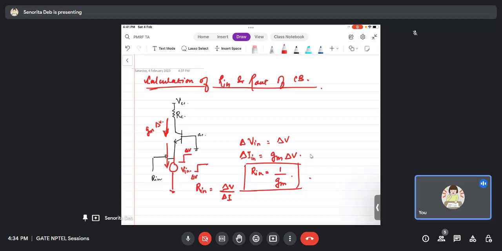So please have a look at it. I am giving you 1 minute. Have a look at it, and then we will also solve it through small signal analysis and check if things are coming out. Okay, I'm giving you 1 minute.